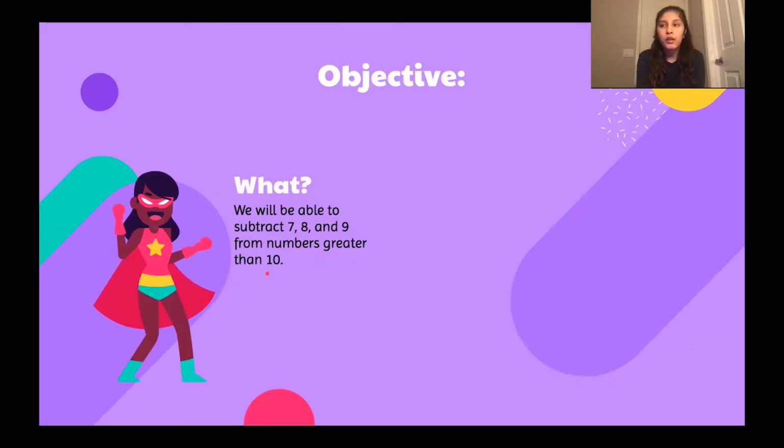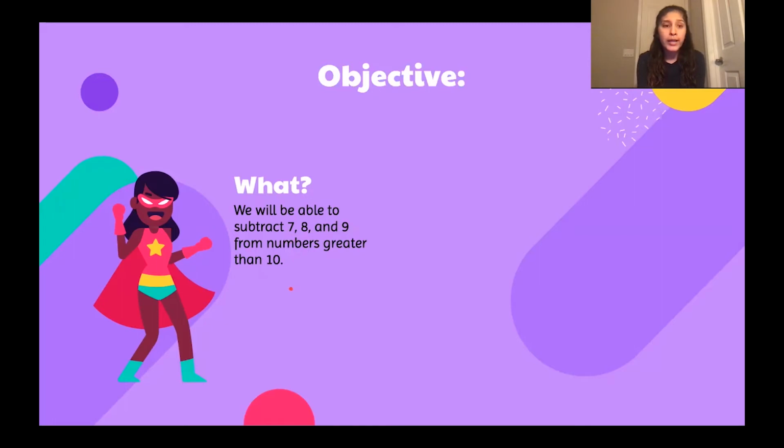So if we have 12 minus 7, we'll be able to subtract that, or 12 minus 8, or 12 minus 9. So any of those teen numbers, we'll be able to subtract these 3 numbers right here. So any number from 11 to 20, those are our teen numbers, okay?